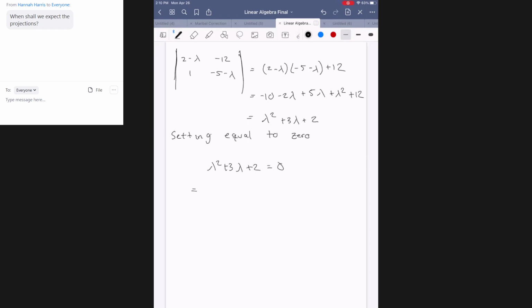So just factor this, you get lambda plus 1 times lambda plus 2 is equal to 0, which means that lambda is equal to minus 1, minus 2. So these are the eigenvalues now.